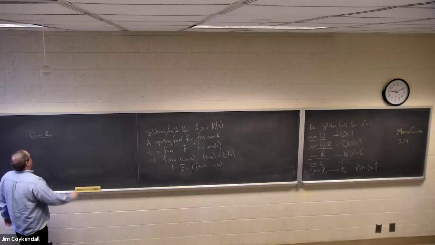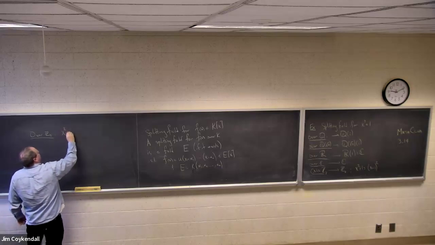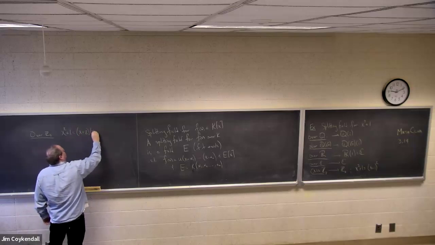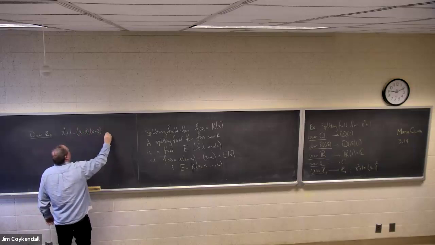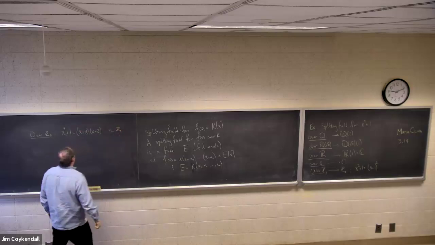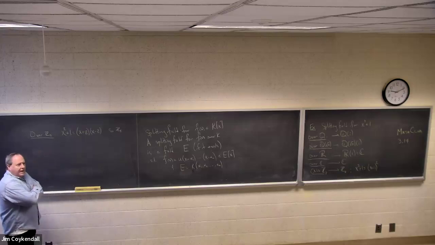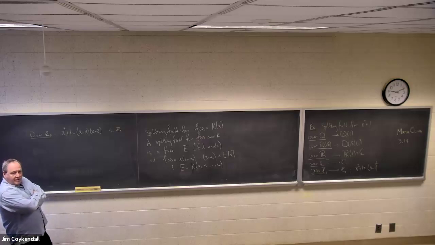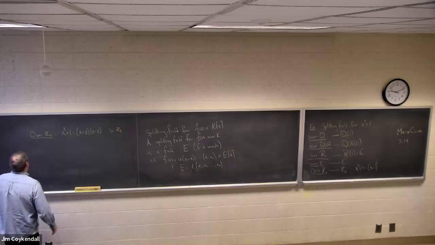Over Z5, x squared plus 1 is actually x plus 2 times x minus 2, because minus 4 is equivalent to 1 mod 5, so it splits.